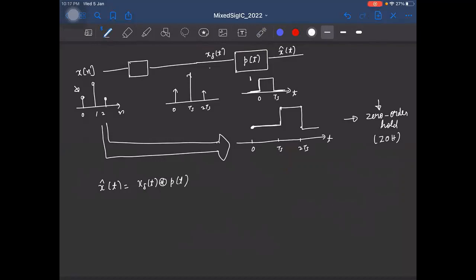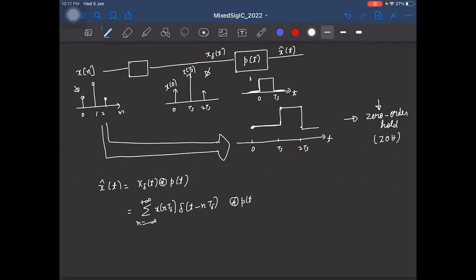And what is x delta of t? That is this signal. That is essentially a train of impulses, right? So it is delta of t minus nTs, summation n equal to minus infinity to plus infinity. But the strengths of these impulses are determined by the input signal, right? So this strength is x of 0. The strength of this impulse is x of Ts and so on. So what I'll have here, I'll have x of nTs as the scaling factor.